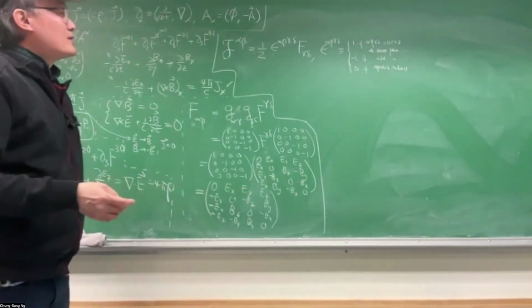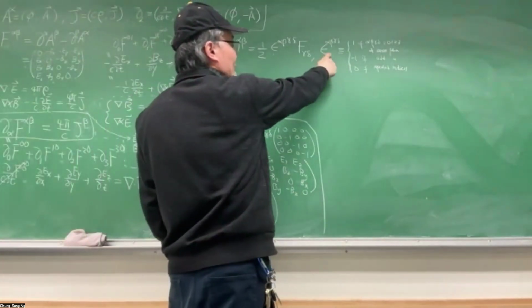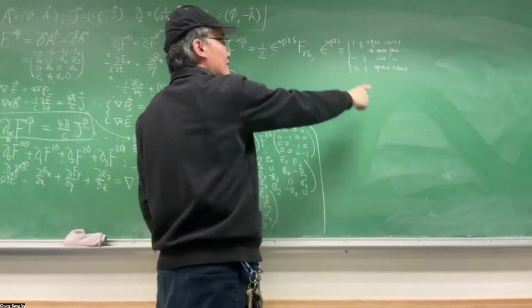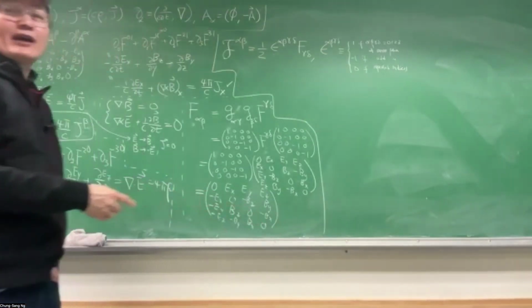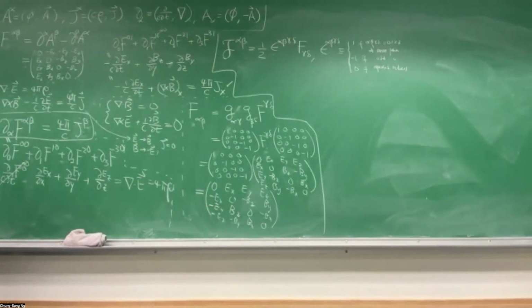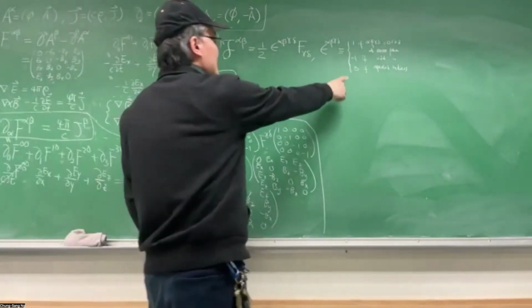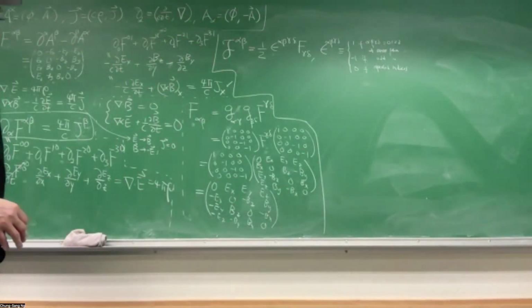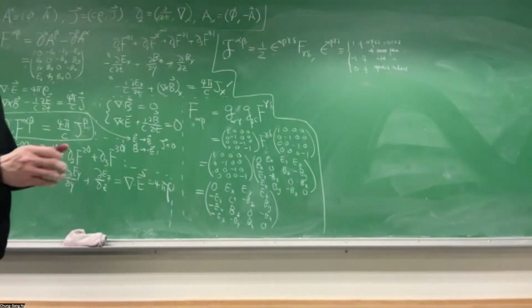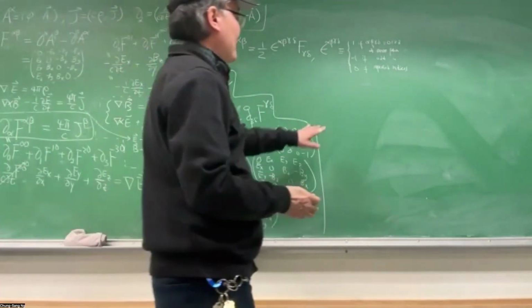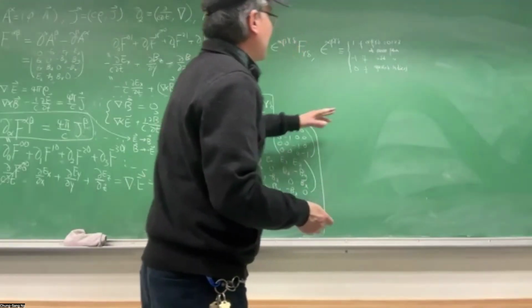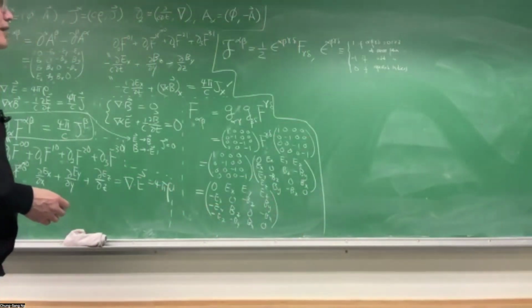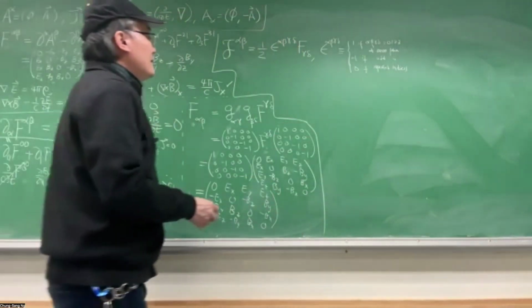So although it's a 4-rank tensor, there are lots of 0s in it. You can check that it's a tensor by using the straightforward definition of a tensor. Convince yourself that this is actually a tensor, or you can do it in a more abstract way to show that it's actually a tensor.